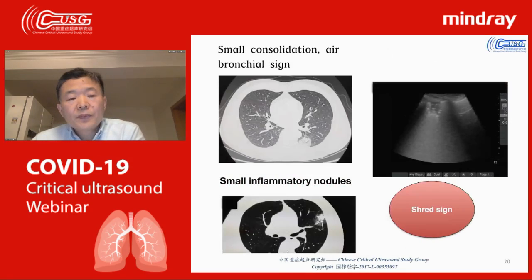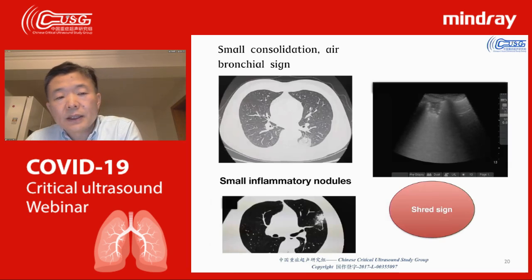And if the patient becomes worse, or a small consolidation happens in the lung, you will see very small bronchogram signs inside here.